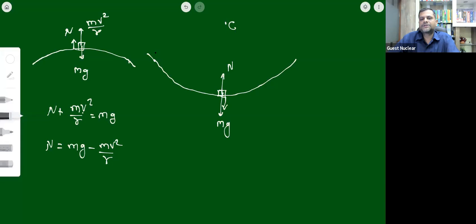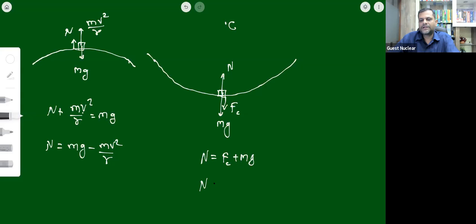This is the center of the circle in which this particle is revolving here, and that's why the center will be above the surface of the road, and that's why the centrifugal force Fc will be downwards, and hence we can say that this normal reaction actually happens to be Fc plus mg.